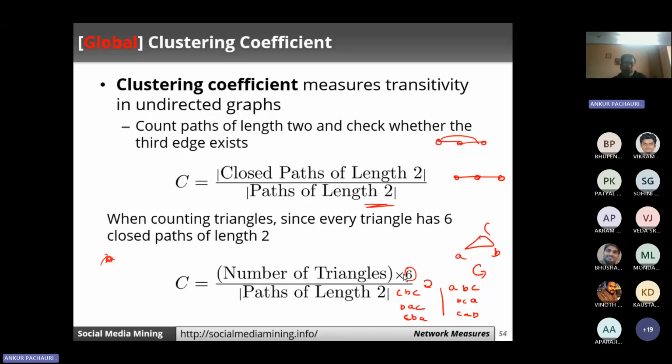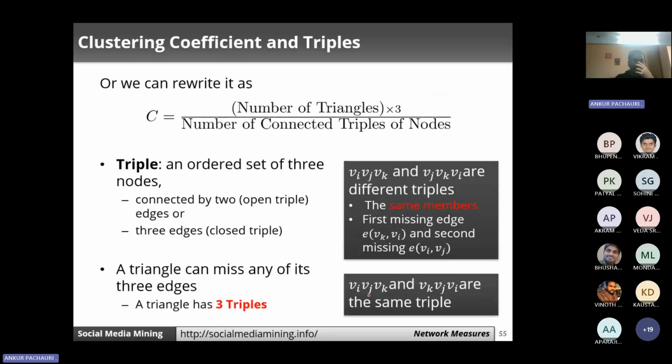So in both ways, the clustering coefficient has the same meaning: ultimately, the number of triangles divided by the number of paths. If I'm talking about orientation, clockwise and anti-clockwise, then 3. If I'm not bothered about orientation, then the multiplying factor will be 6. But this is just a constant.